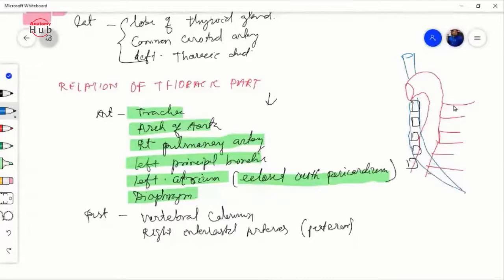That means the left intercostal arteries are not the posterior relation of your esophagus, but the right intercostal arteries are. So the vertebral body and the right intercostal arteries are the posterior relation of the esophagus. Along with that, we'll find the thoracic duct.